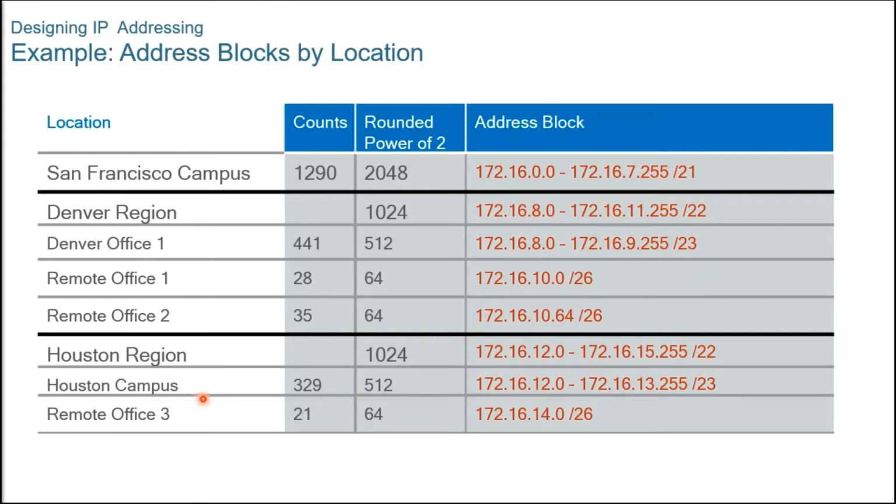There are online tools that you can use to come up with this type of table, so you don't have to manually compute the number of hosts needed and the division of the addresses within the block. You just have to use that application. You can go ahead and search for that on the internet.